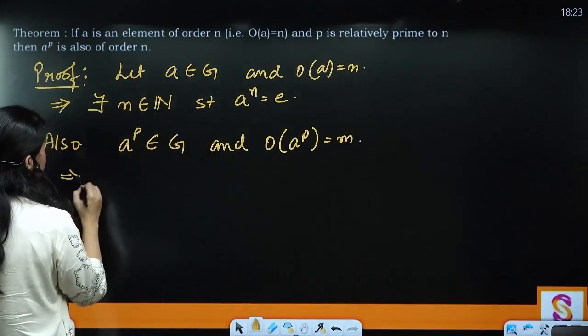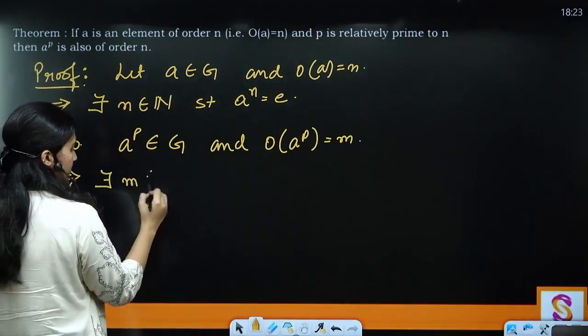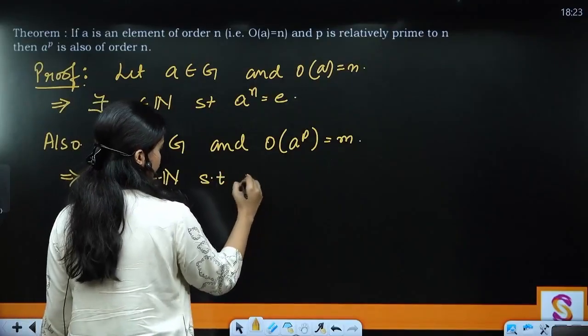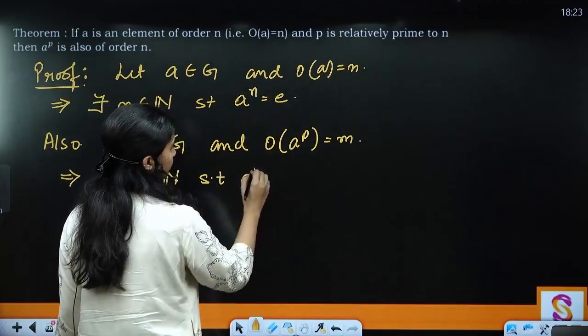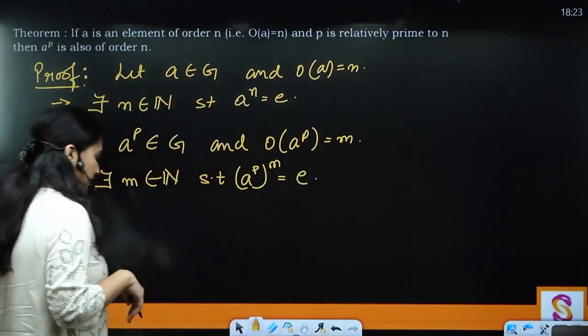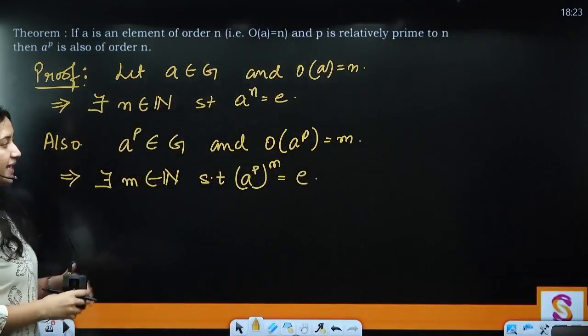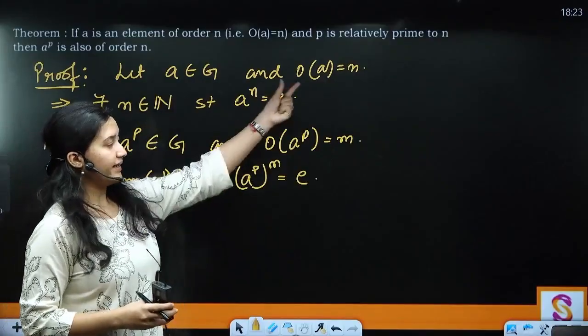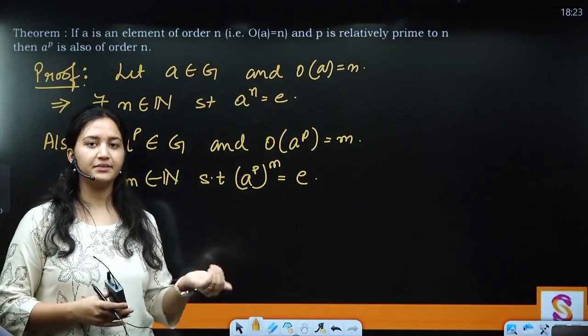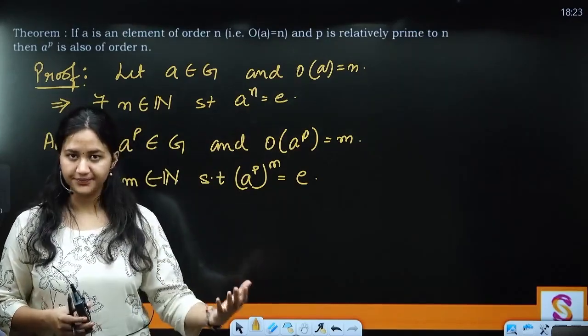So this implies that there exists m belongs to natural numbers such that (a raised to the power p) raised to the power m equals e, right? Where p and n are both co-prime numbers. That means they are relatively prime, मतलब इनके बीच में there is no common factor, right?